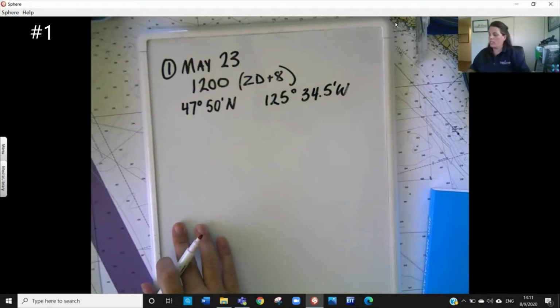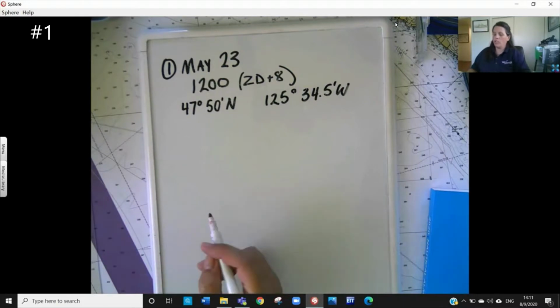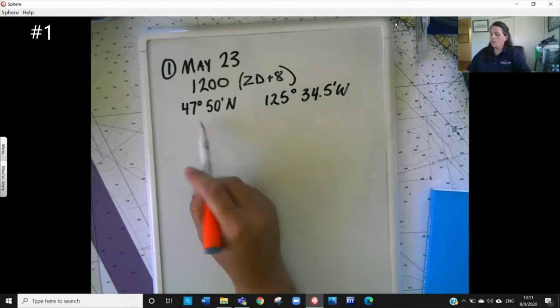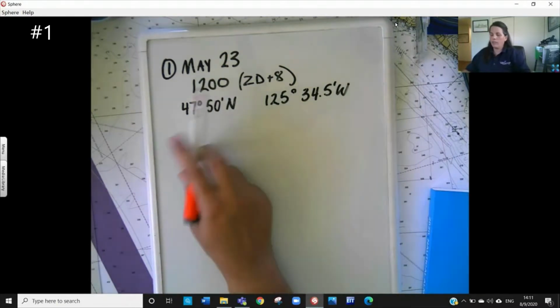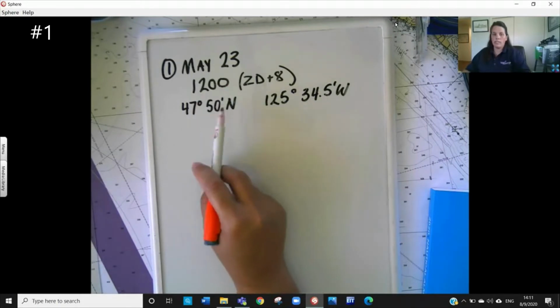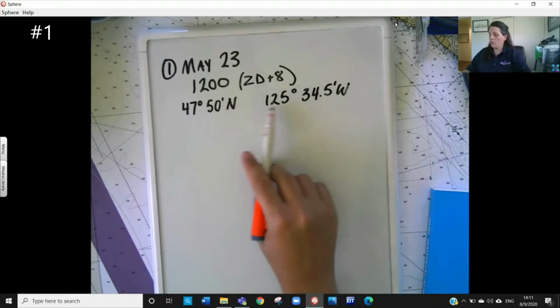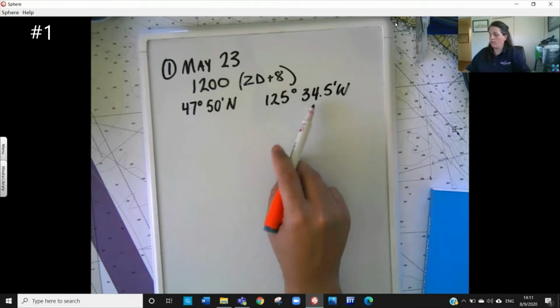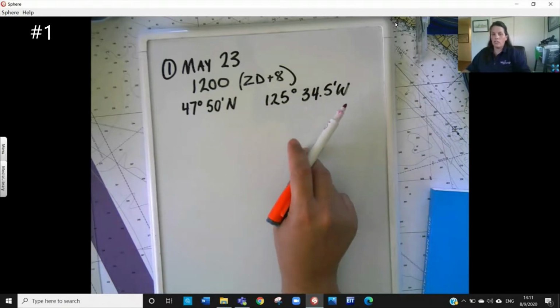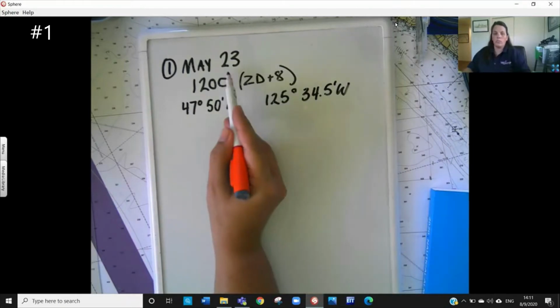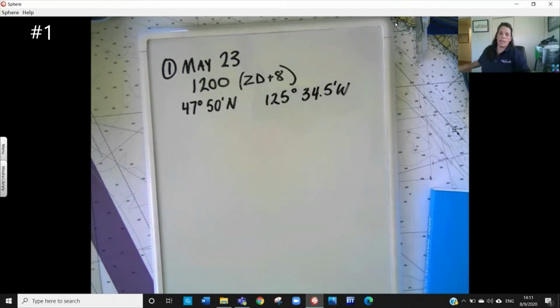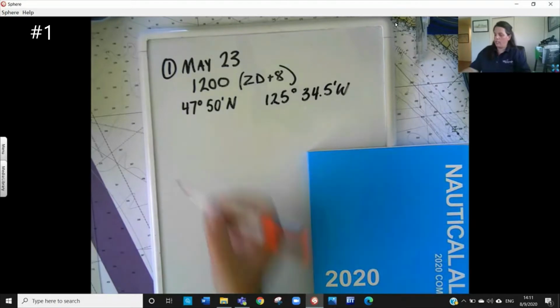Okay, so number 1 told us we are looking for what time LAN will be on May 23rd. Our 12 o'clock DR was 47°50' north and 125°34.5' west. So for the 23rd, we are going to find in the Nautical Almanac when the meridian passage would be.